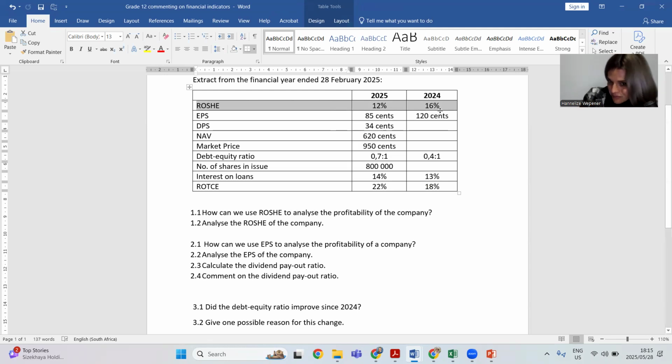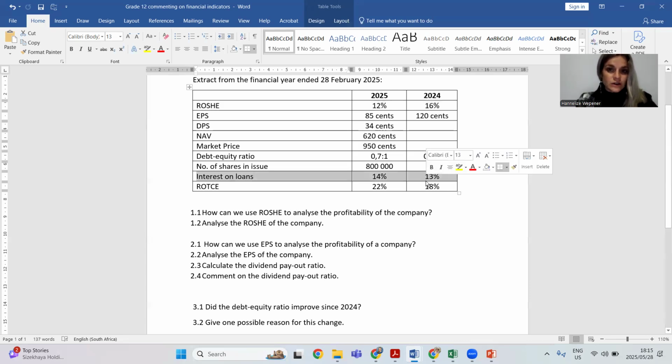And now, if we look at last year we had 16%. And remember when I spoke to you guys about the analysis and interpretation, I said that you must always compare it to the prior financial year, the industry norm if available, and then also to your interest on loans.